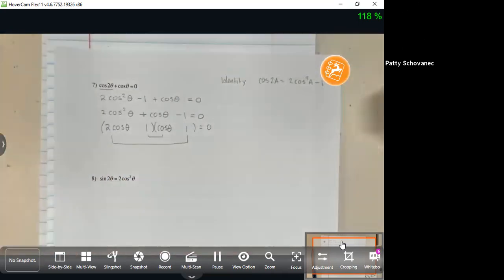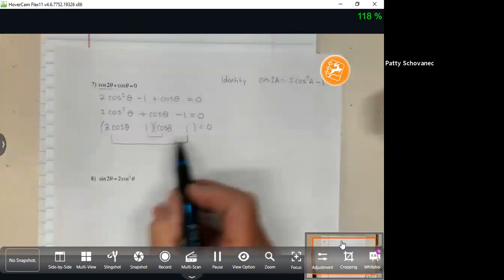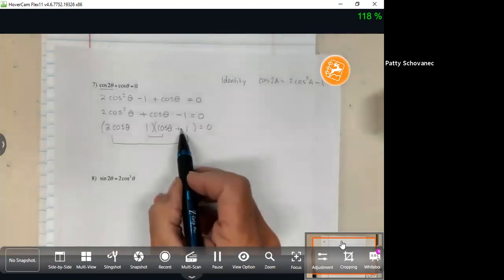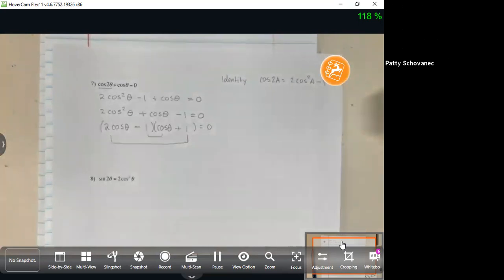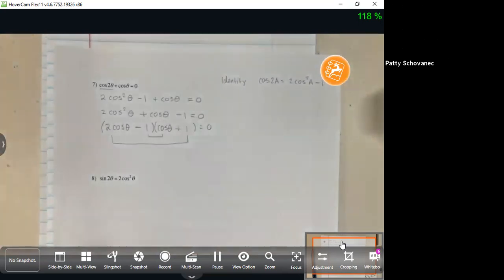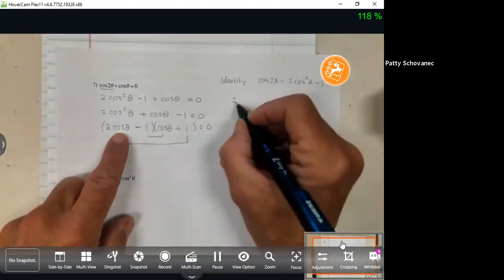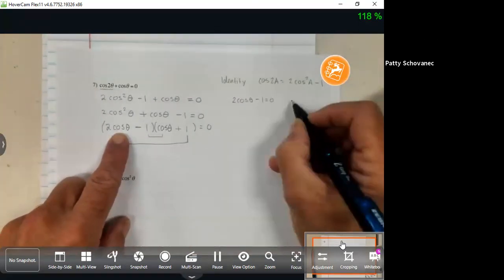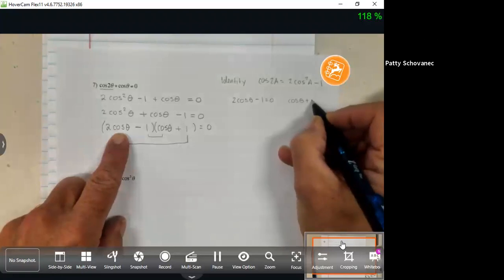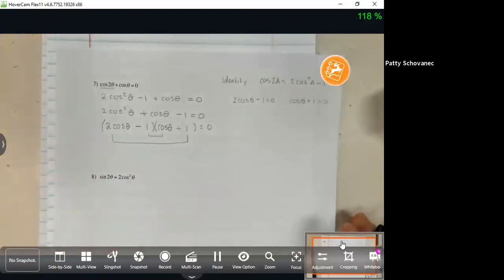If I need a +1 in the middle, I need the plus to go here. Agree? And then the minus goes here. All right, got it factored. Let's set each factor equal to 0. 2 cosine theta -1 is 0. Cosine theta +1 is 0.